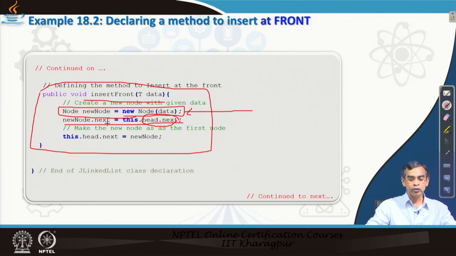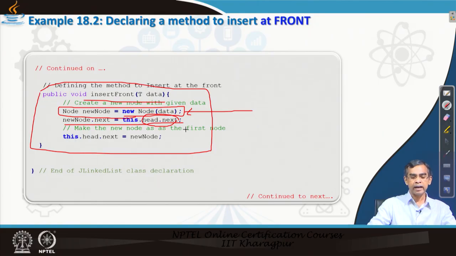So, newNode.next basically stores the address of the first node in the list. And then we make the link of the header node the address of the new node. So, there are two link operations.